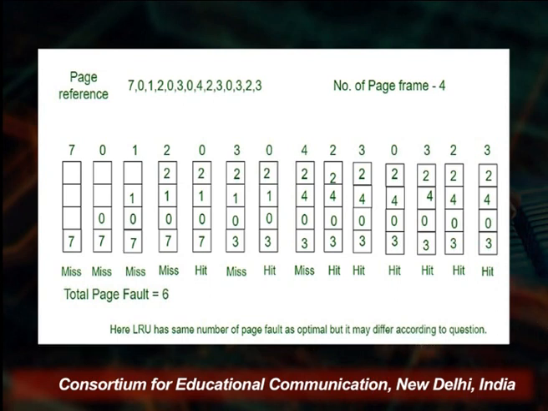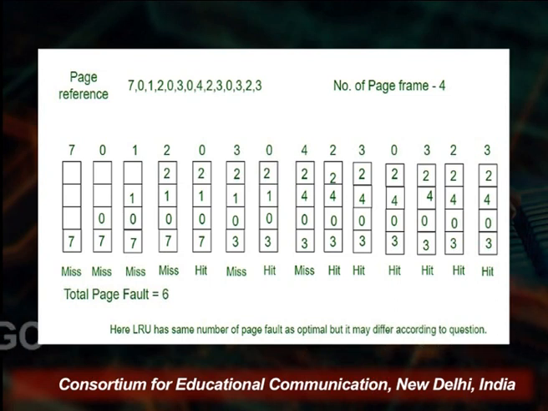If you remember, in the optimal page replacement algorithm, I told you that the performance of your optimal page replacement strategy will be used as the benchmark. And for this particular example, the total page faults given by the optimal strategy was 6, and LRU is also resulting in 6.